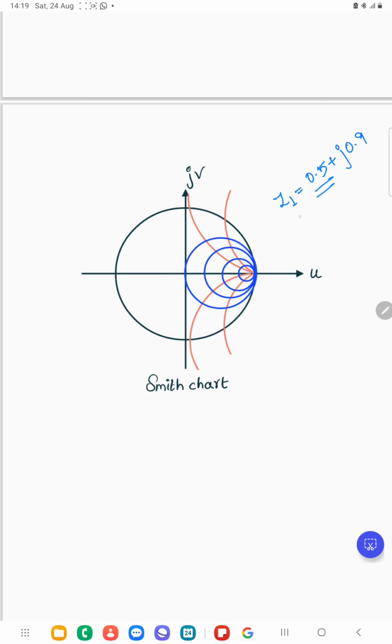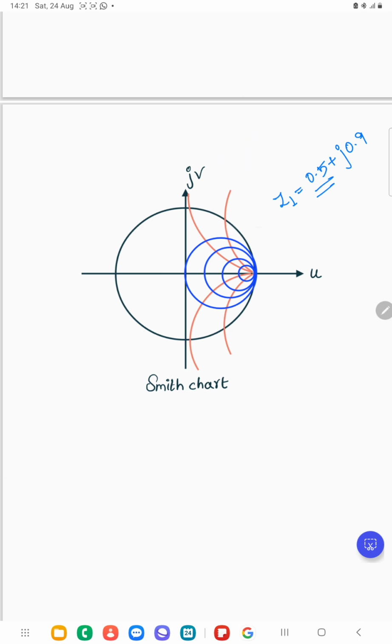I will show you the Smith chart and solve one example. The 0.9 represents the imaginary part, so you should mark this 0.9 in the reactance circles. This is how we mark the resistance and reactance values on the Smith chart.